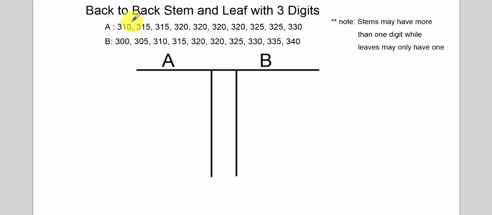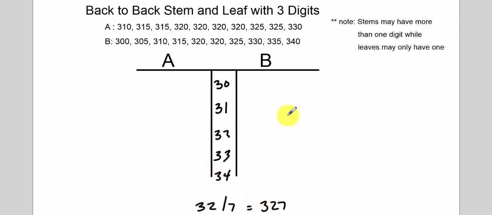So hopefully we'll all be within a certain range of numbers where we don't have to make this column too long. It looks like our smallest number is 300, going all the way to somewhere in the 340s. So what I'm going to do is use a 3, 0, 3, 1, 3, 2, 3, 3, 3, 4, and then say 3, 2 with a 7 in it is the number 327.